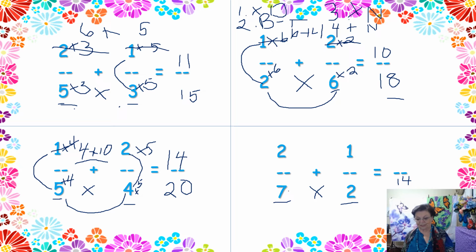So I did 7 times 2 to the bottom here, and I did 2 times 7 to the denominator in this fraction. Whatever I do to the bottom, I have to do to the top. So I need 2 times 2 and 1 times 7.